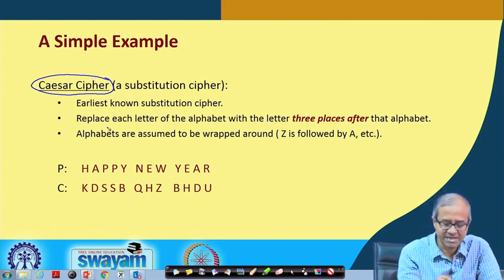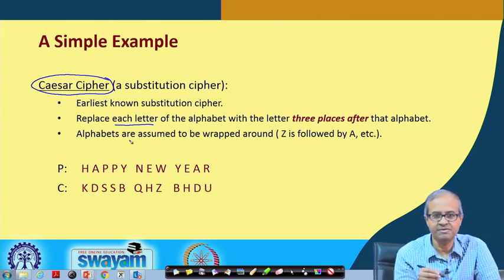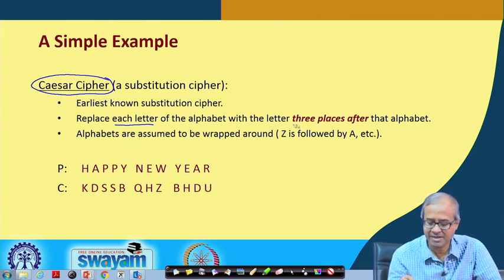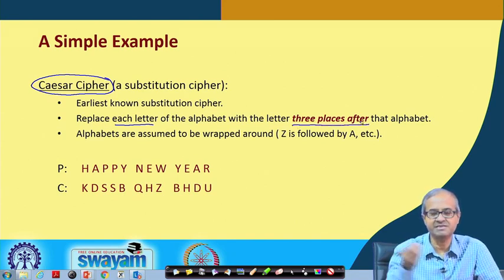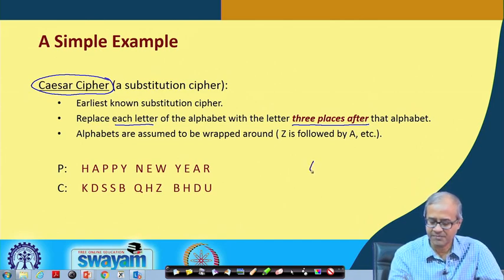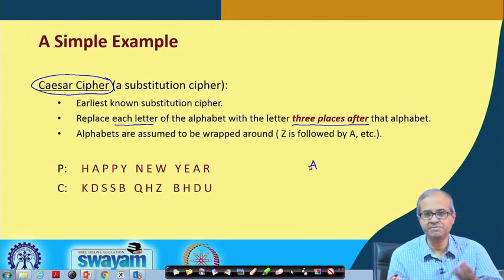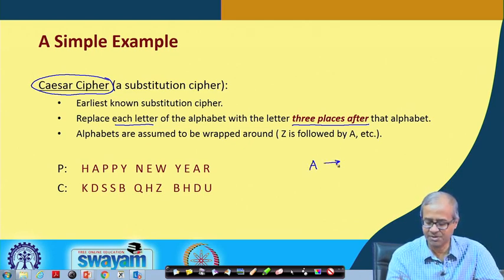You replace each letter in your message by the letter which appears 3 places later in the sequence of the alphabet. For example, A will be replaced by D, similarly, B will be replaced by E, C will be replaced by F, and so on.